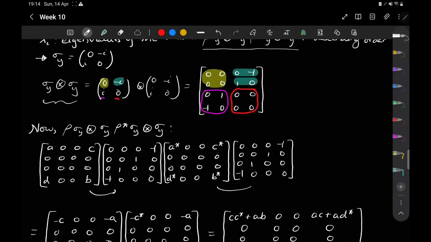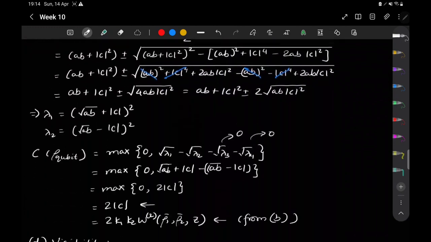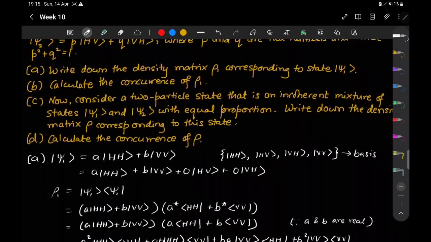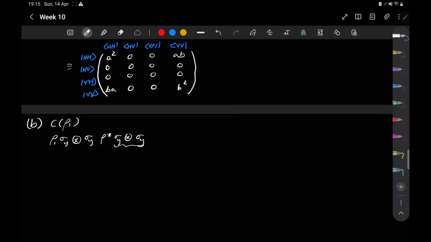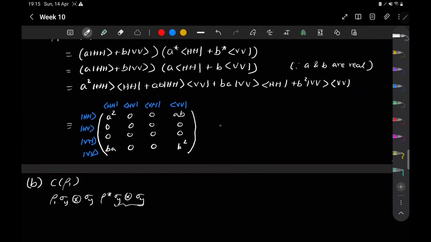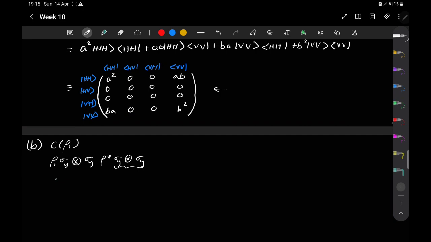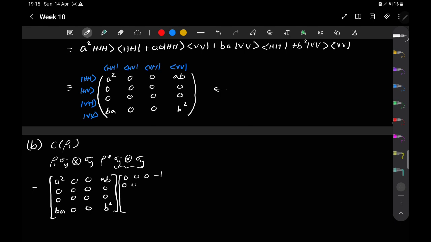So I'll just make use of this matrix that we found last time, and rho 1 is given over here from part A. So this matrix is, let me now write down, now sigma y tensor product sigma y is the following.